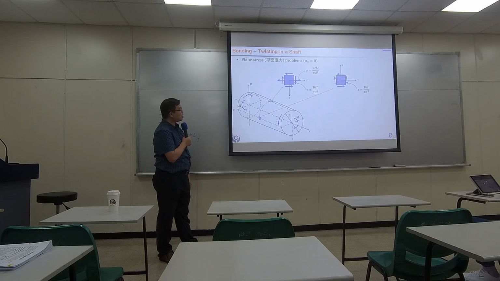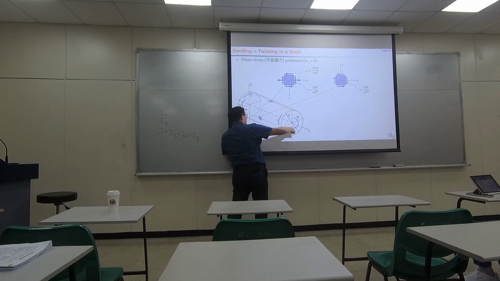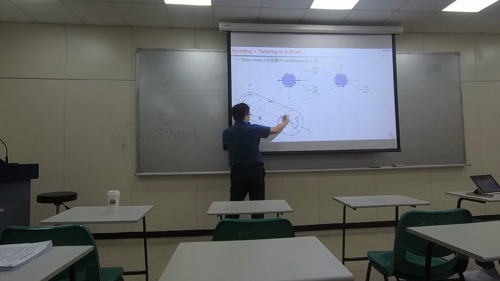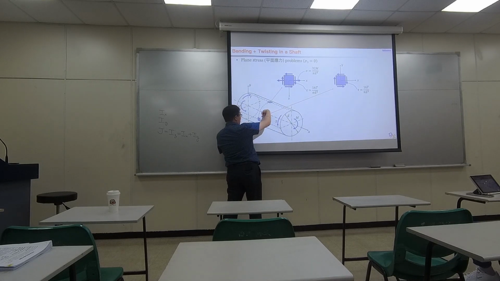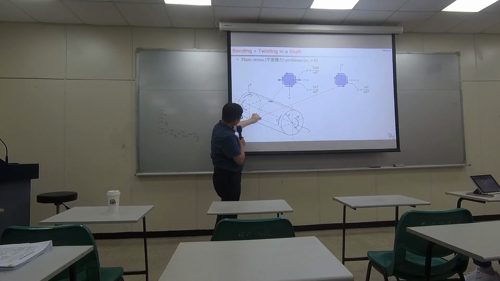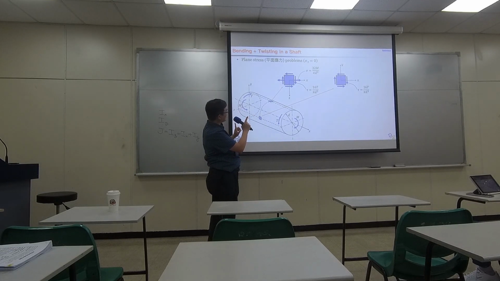Now, how about twisting? Twisting goes everywhere, surrounding the entire surface from the edge of this shaft. You have a torque going this way, and on the other side, another torque going this way. So this particular small area is being twisted. On its left-hand side it is going up, and on its right-hand side it is going down.